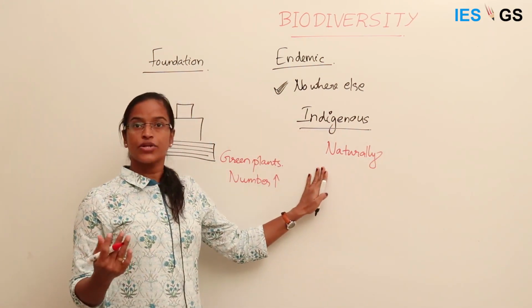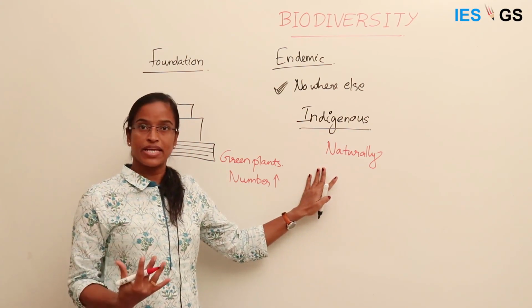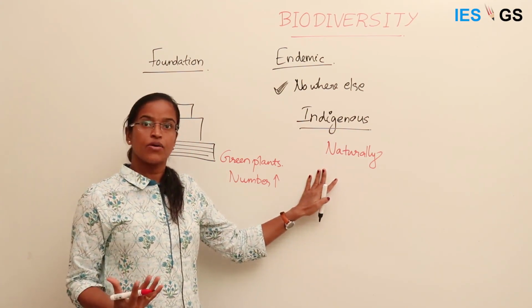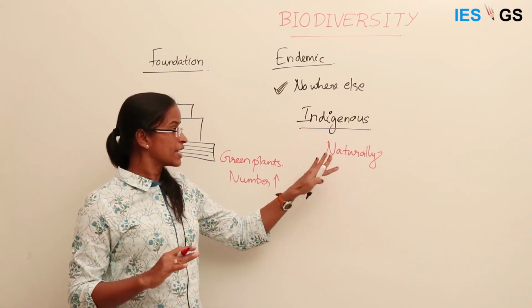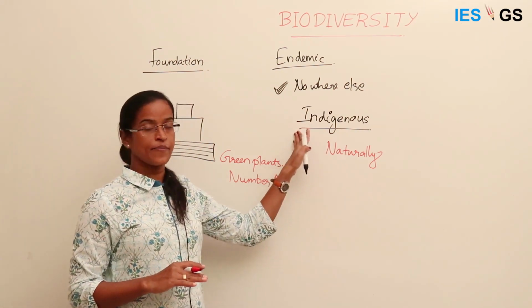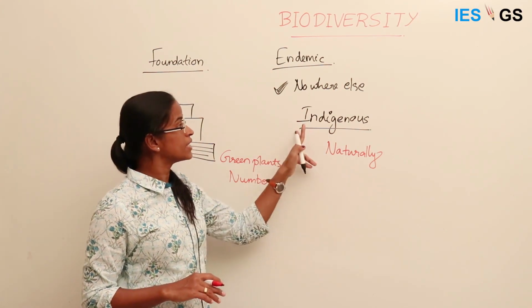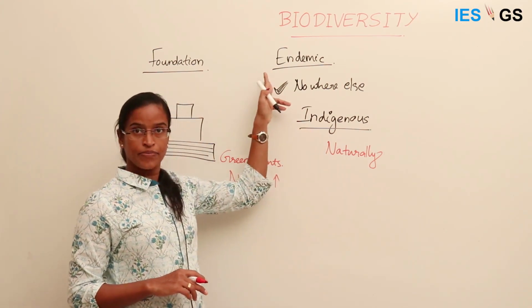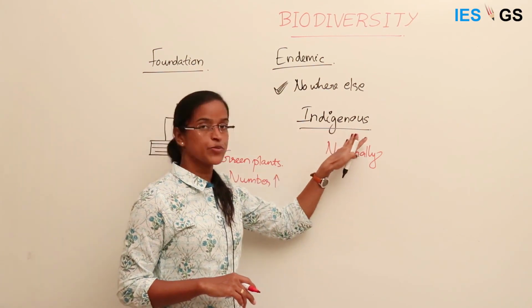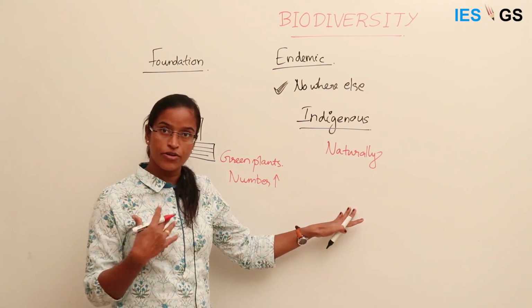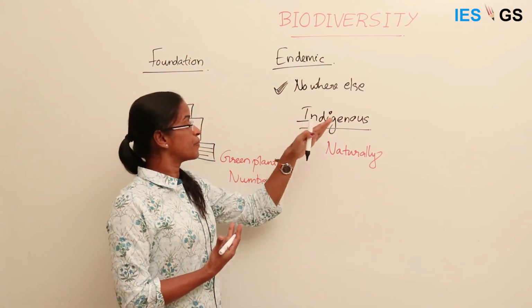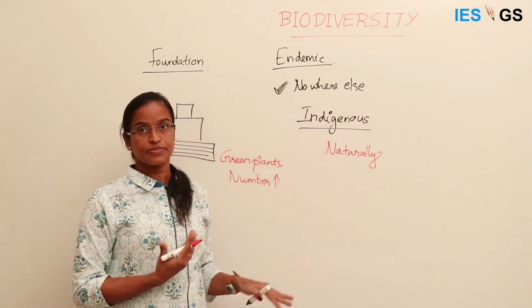That is, it is not brought to that place by any artificial methods, or brought from outside by humans. It is present naturally in that region. But it doesn't mean that an indigenous species should be endemic, because the same type of species can be available in other places also, and need not be present only in this region.